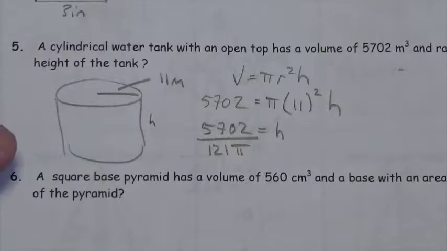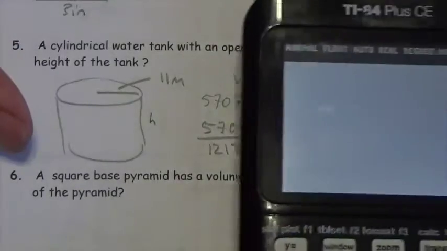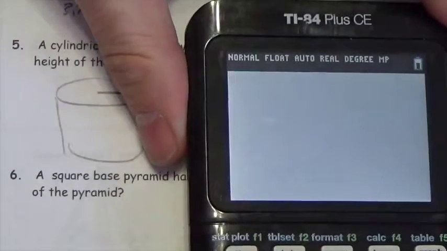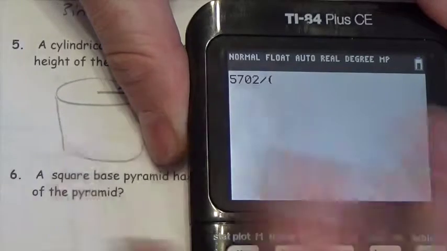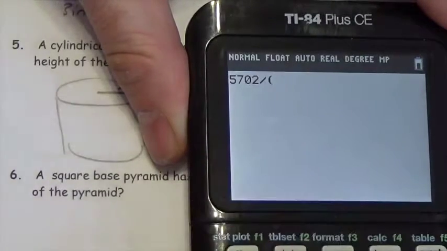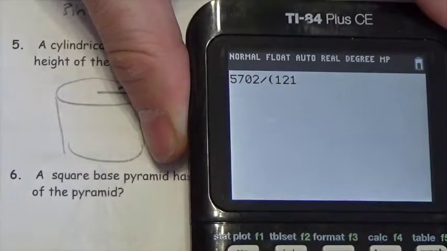Now I got to go to my calculator to evaluate this. And I'm going to show this to you again here because I want you to see repeatedly what I'm doing here. So 5,702 divided by, say it again, because there are two terms down there, I need to have parentheses around that denominator or else I'm not going to be dividing by what I think I'm dividing by.